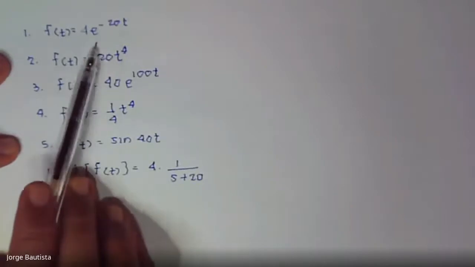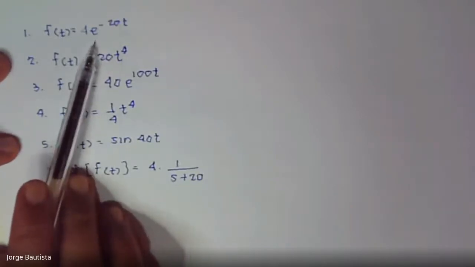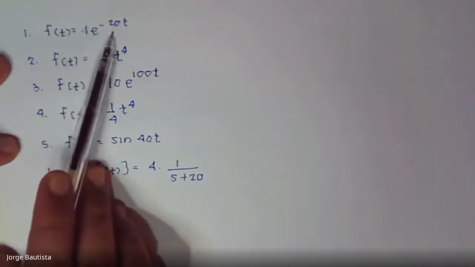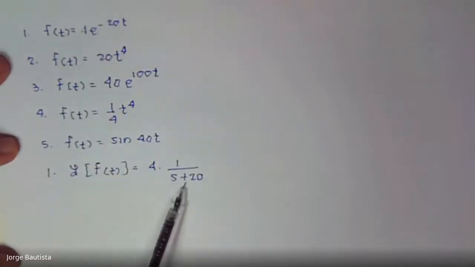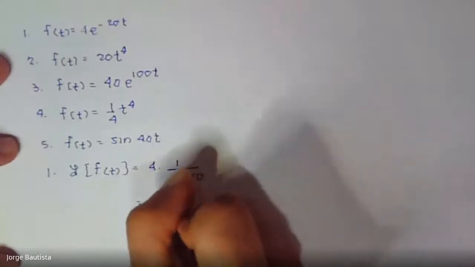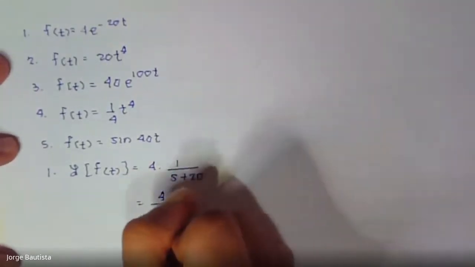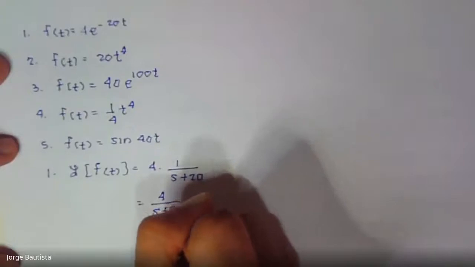Diba? Yung Laplace ng e raised to negative at, it will become 1 over s plus a. Okay, so that will give you 4 over s plus 20. So that's number 1.